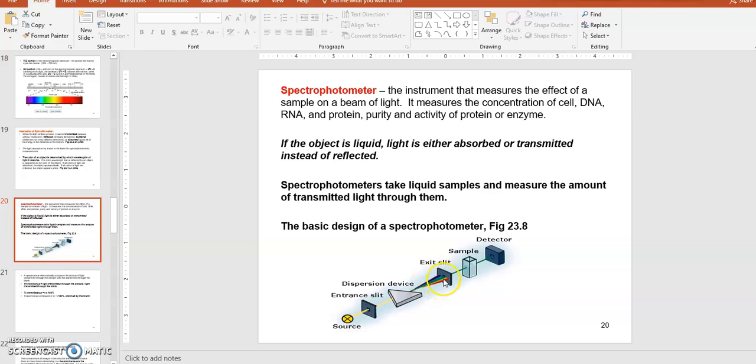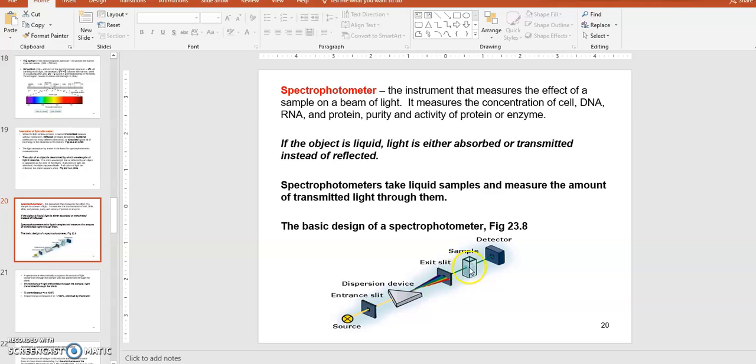And then there's a little slit that the selected light will go through, and then there's a chamber where you're going to place your sample, located in a special sample holder called a cuvette. The cuvette is made of either glass or quartz, so the cuvette itself is not going to absorb light. Inside the cuvette there will be a liquid form of the sample, and the light will travel through your sample.